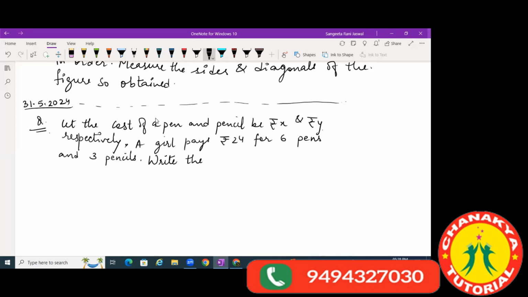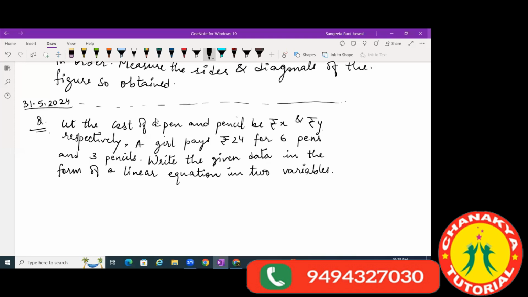Write the given data in the form of a linear equation with 2 variables. Also represent it graphically.